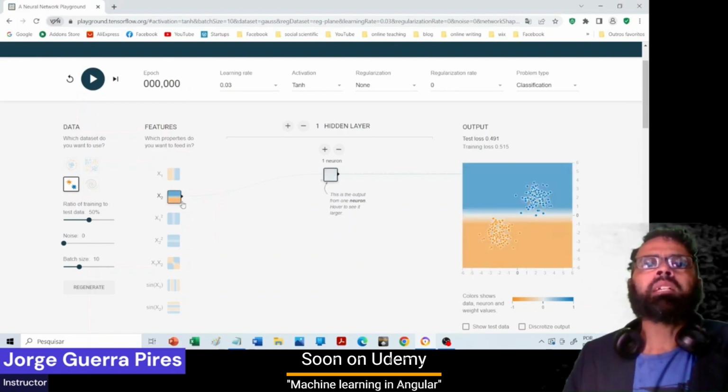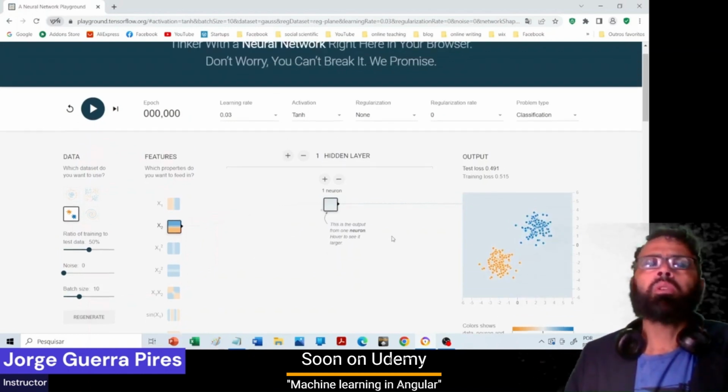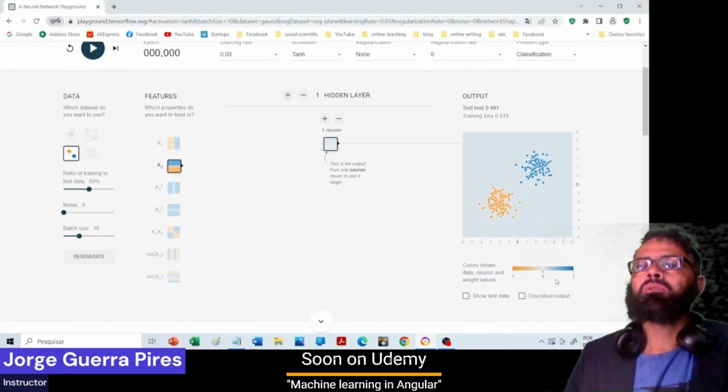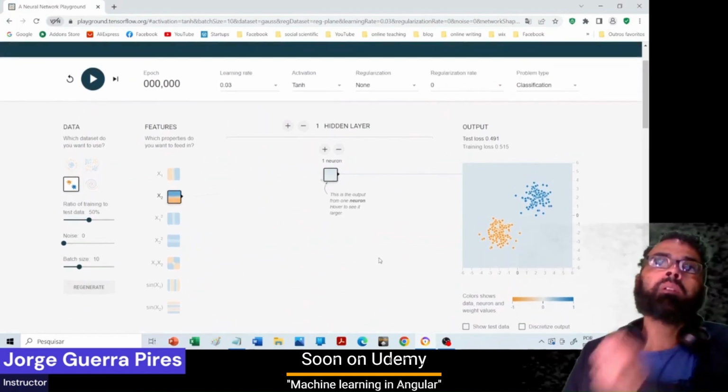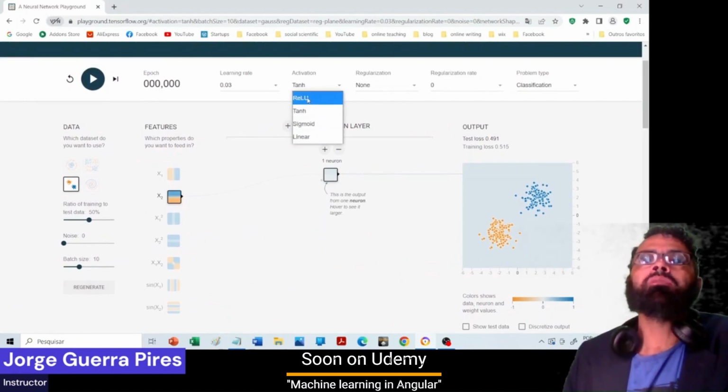So as you can see here, the neuron has this kind of input here that varies between -1 and 1. So here we have what we call activation function. So have the sigmoid, have ReLU.